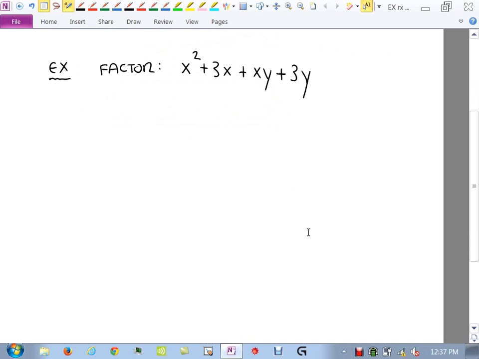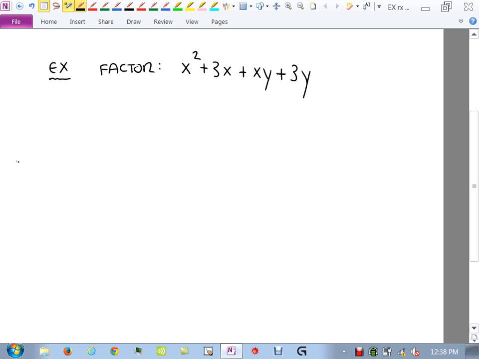Let's start by first recognizing that we have a total of 4 terms here. 1, 2, 3, 4, right? 4 terms. And let me try and find a GCF, because that's always our first step for factoring, a GCF in all 4 terms. Are there any numbers that go into all of these? Just 1, right? And whenever it's 1, we don't care.